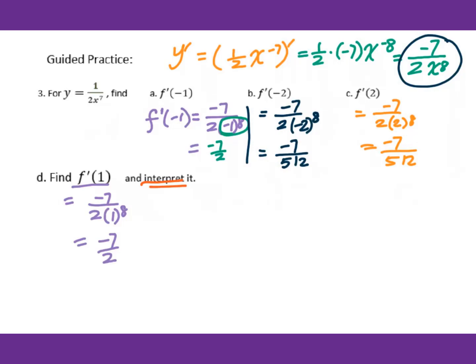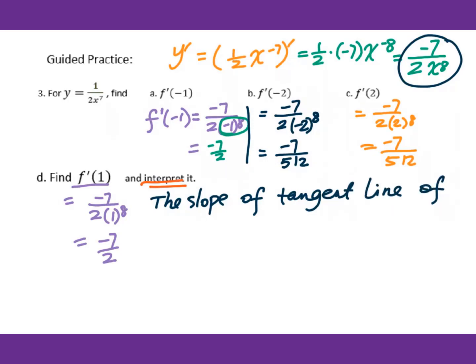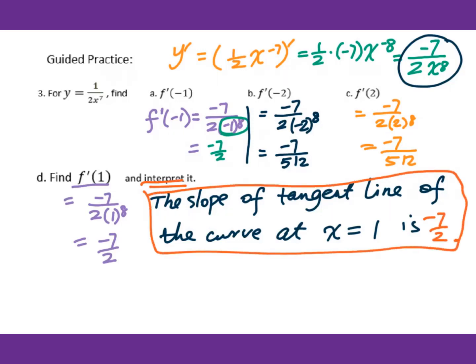Remember, the derivative means the slope of a tangent line of the curve, or of this function y equals 1 over 2 x to the 7th power, at x equals 1 is negative 7 over 2. So you have to know how to interpret the derivative.